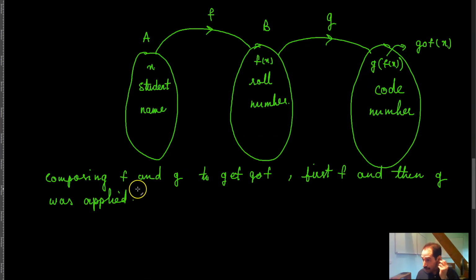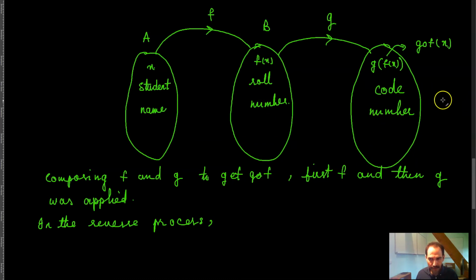Now, in the reverse process, which refers to the process in which the mark was attached to a code number, then we wanted to attach the score to a roll number, and then back to a student name.